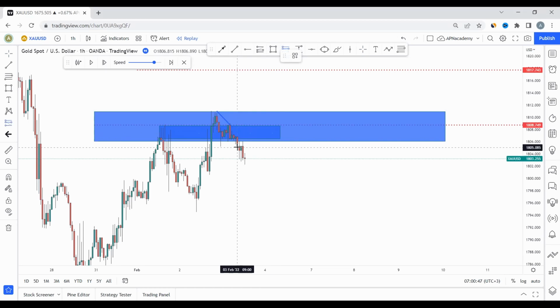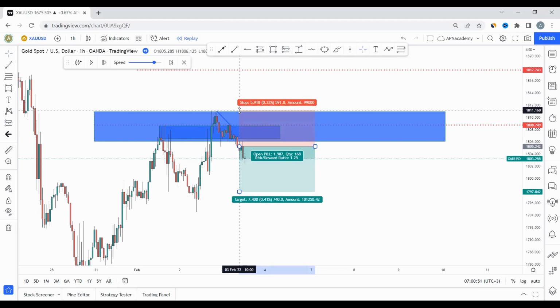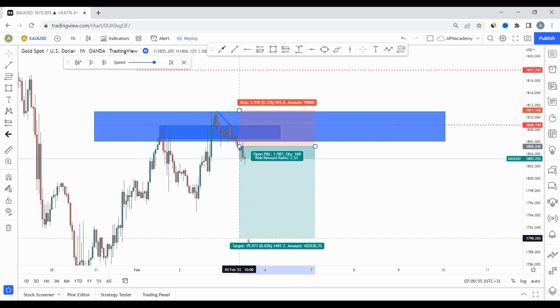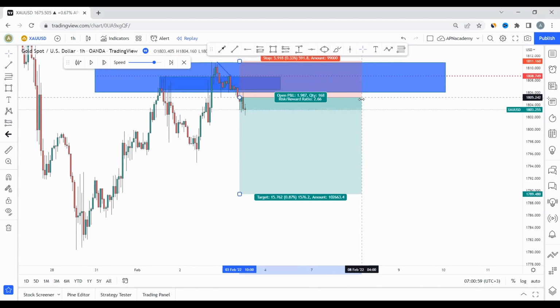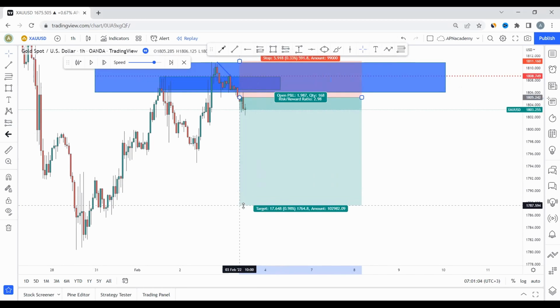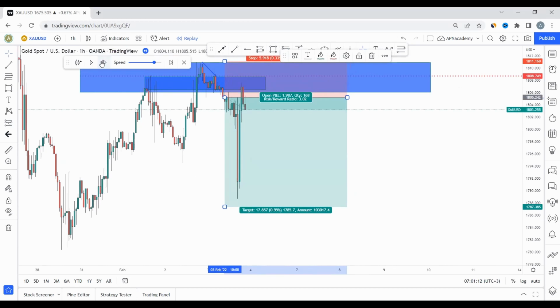So now, let's just take our 1 to 3. We're going to take a sell. This is our entry here, when it retests here, and then our stop loss is just going to be above here. We just want a 1 to 3, right? Let's see if the market will give us our 1 to 3. Let's see if really the market will hit our target or it will hit a stop loss.